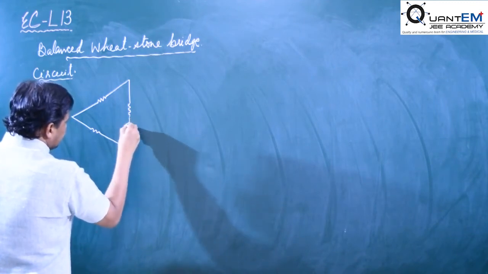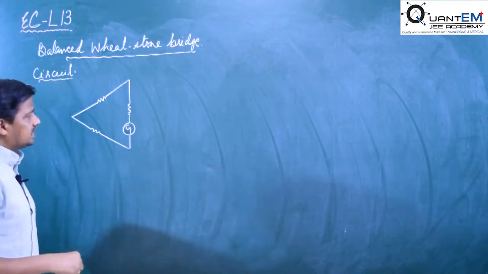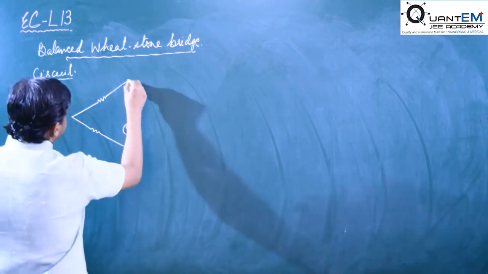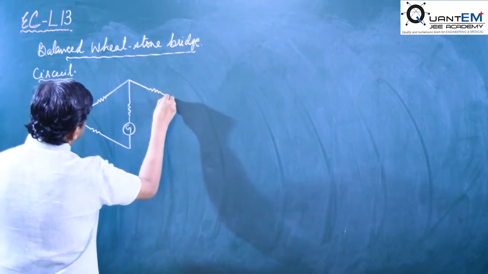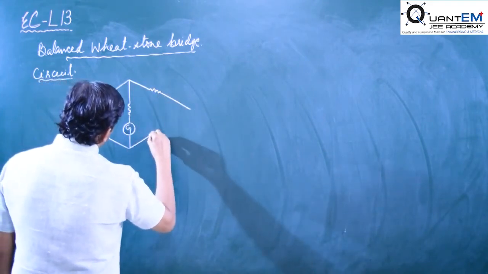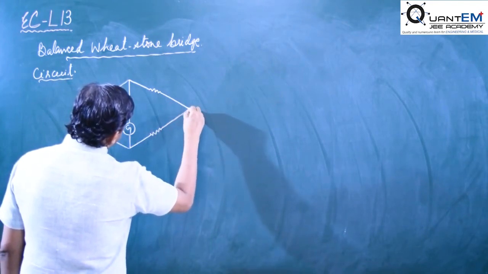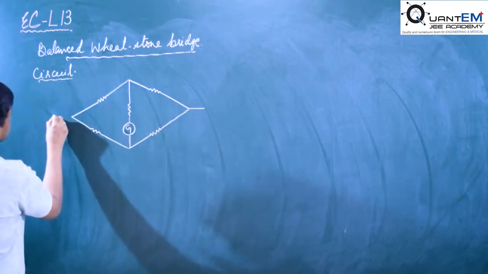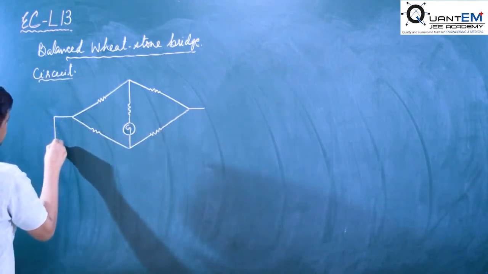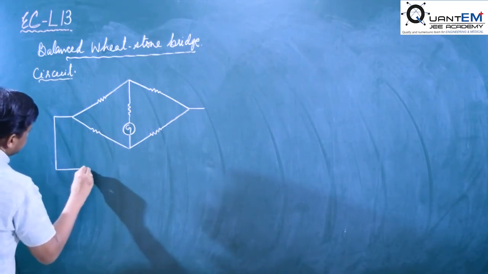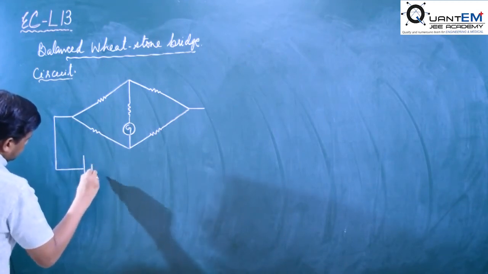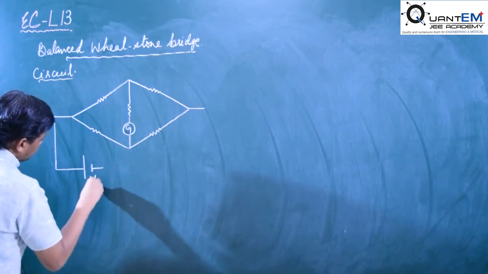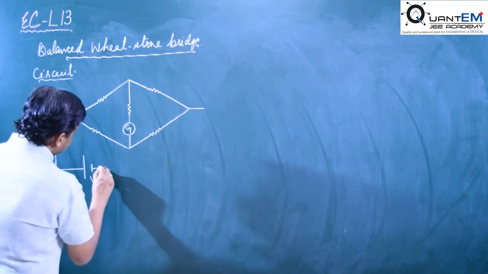We have a galvanometer here. It is a device used to detect the value of what? Current. This one is a source of given potential.